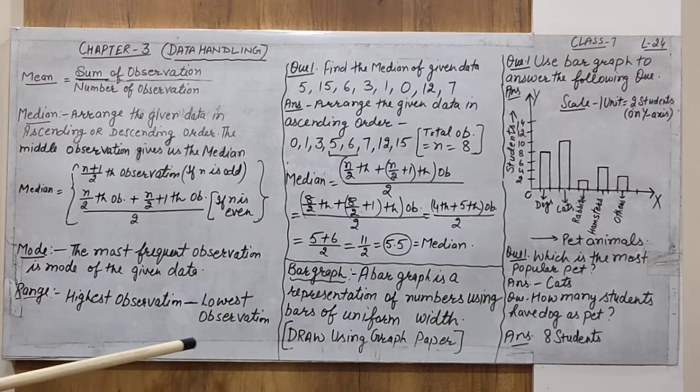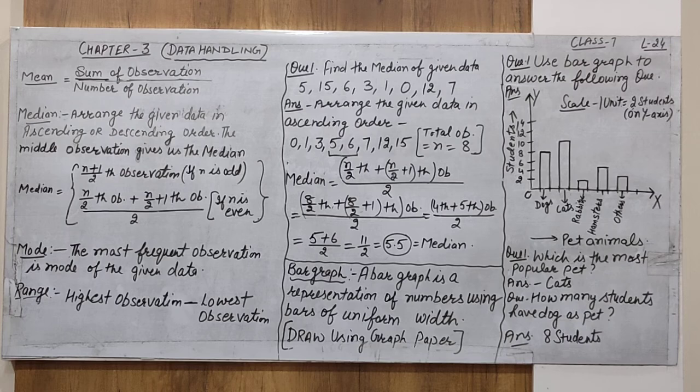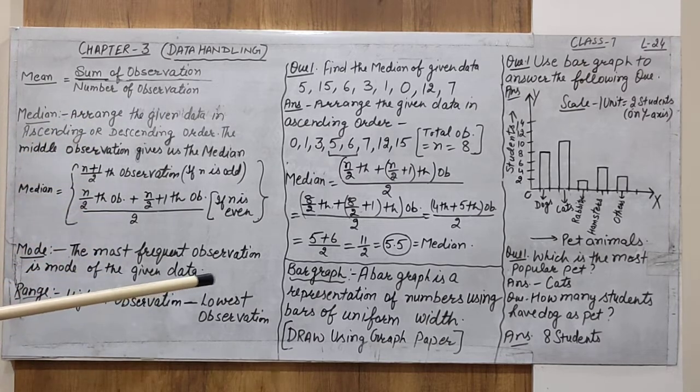Next, after the bar graph, the next topic is the double bar graph. On the basis of this bar graph, we have to draw the double bar graph, which is based upon the comparison of two things. I think you understand the mean, the median, the mode and the range very well. These are called the central tendency of data handling.